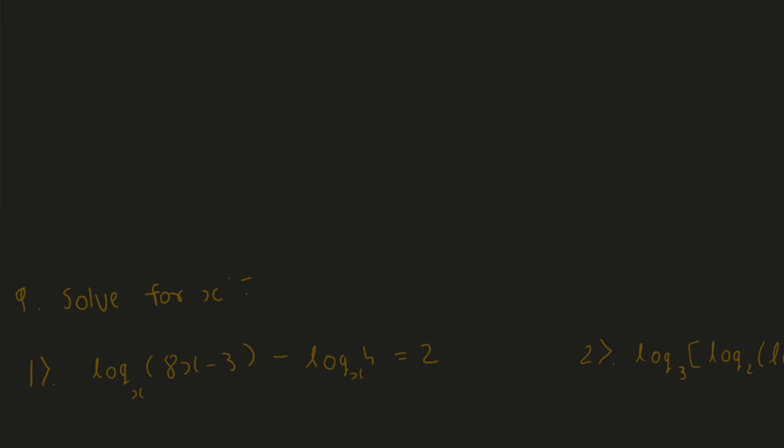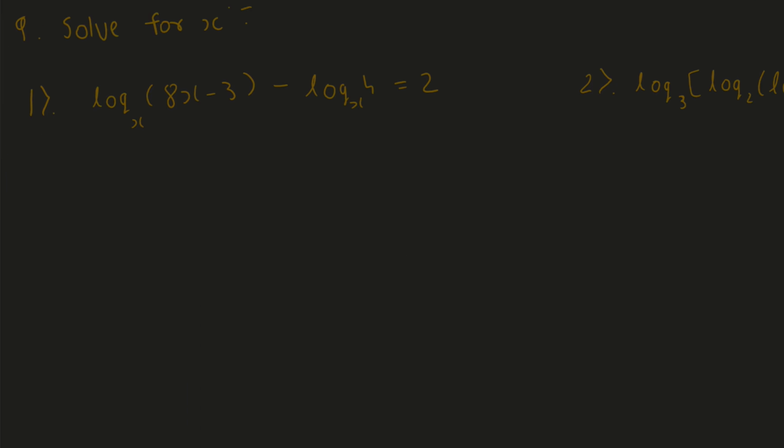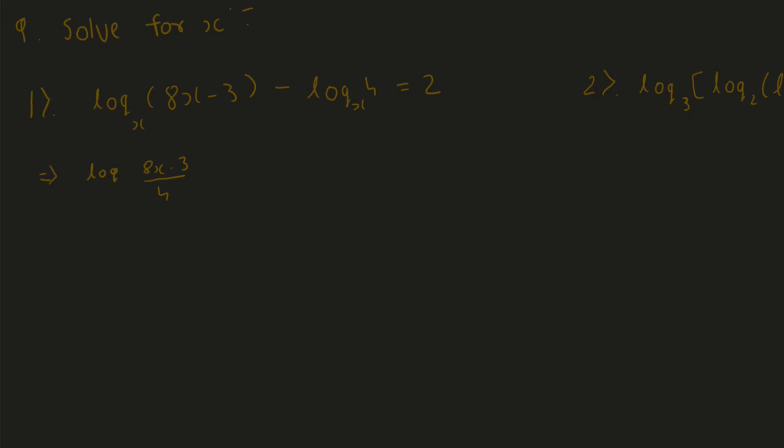Let's see some more. So here we have to solve for x. We have to find the value of x which satisfies this equation. As the bases here are the same, log of 8x minus 3 to the base x minus log 4 to the base x, we can just write this as log of 8x minus 3 divided by 4 to the base x using the quotient rule.